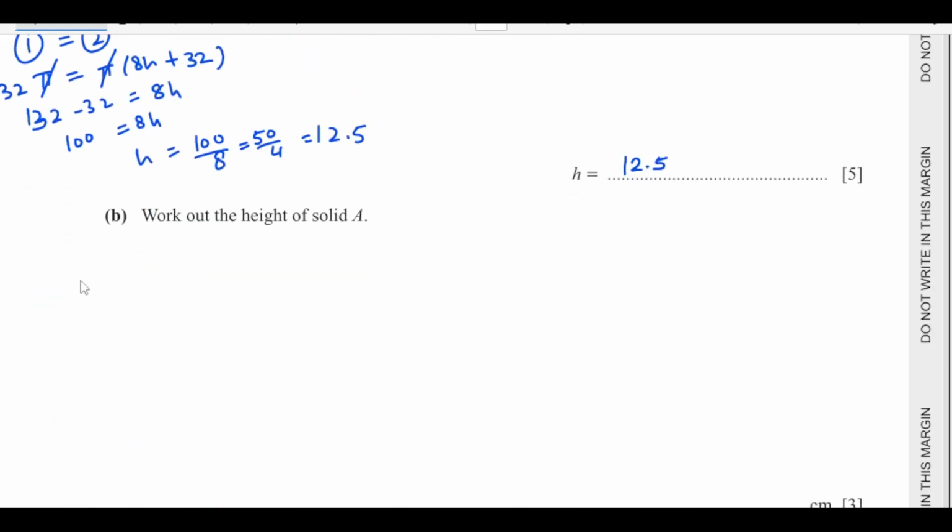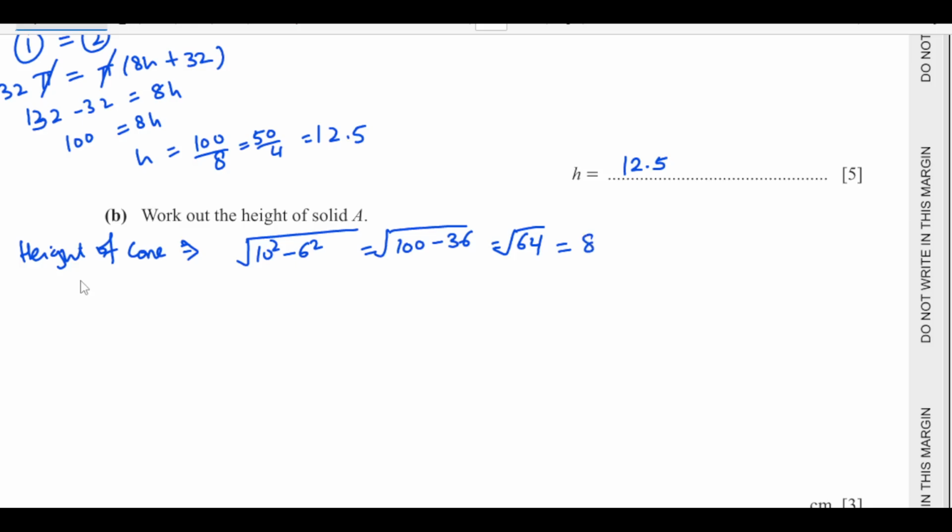So we will find the height of the cone, the conical part actually. Height of the cone is given by Pythagoras theorem: 10 squared minus 6 squared. This is 100 minus 36, that is 64, square root equals 8, right?